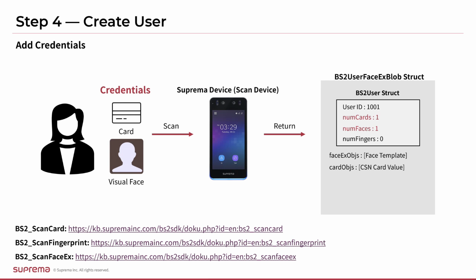The actual credential data is stored in fields such as face EX objects for visual face templates and card objects for the card CSN value. For more details on scanning each credential type, refer to the official documentation. BS2 scan card for cards, BS2 scan fingerprint for fingerprints, and BS2 scan face EX for visual face credentials.